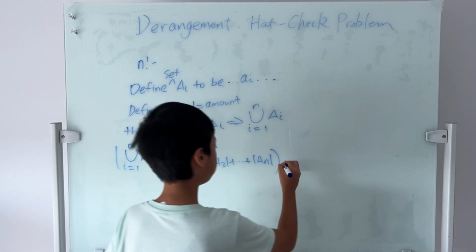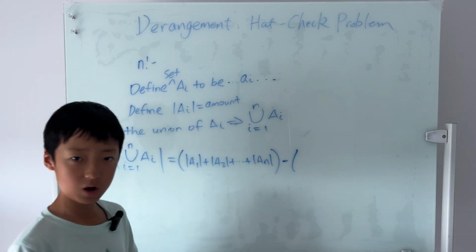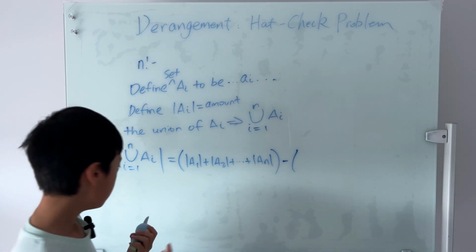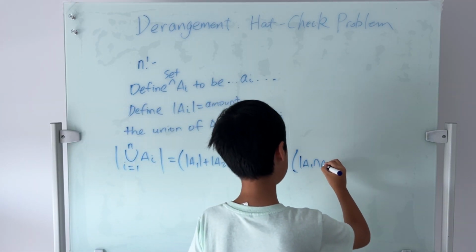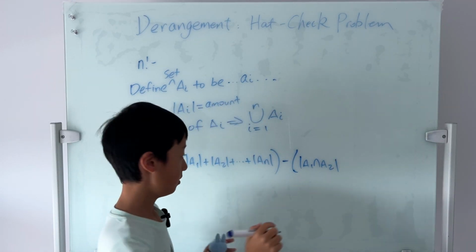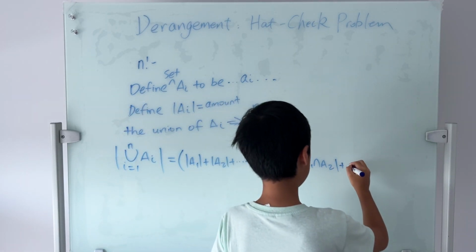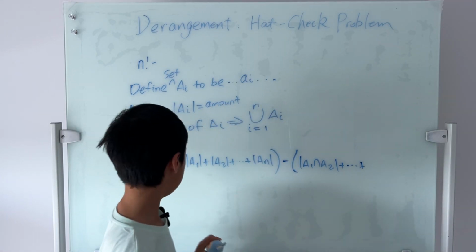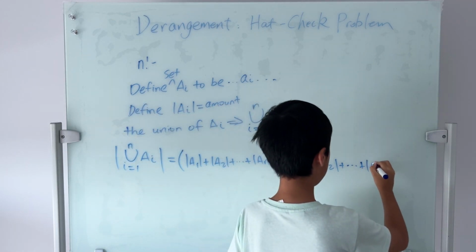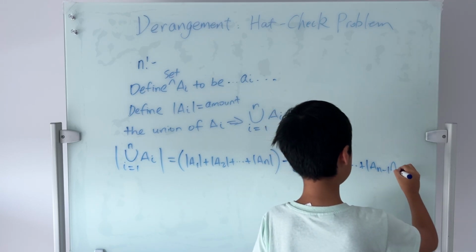So we have to subtract the pairs. That will be A1 intersect A2, because that's the overlap, and then dot dot dot because I don't have space, and then A(n-1) intersect An.